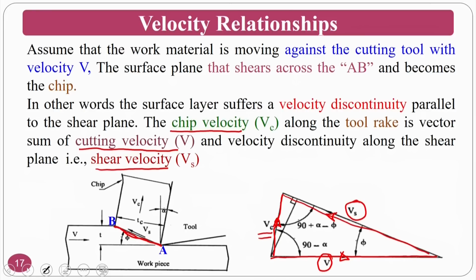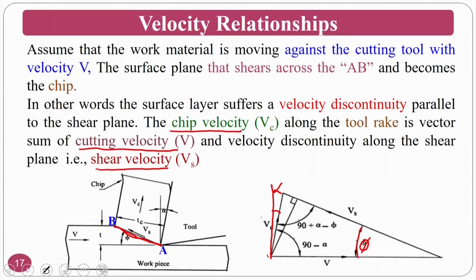From the geometry of machining, we have already seen the angles. This is the shearing angle, and we know this is 90 minus, because this is the rake. If I see the rake angle, for that purpose I have to draw like this.